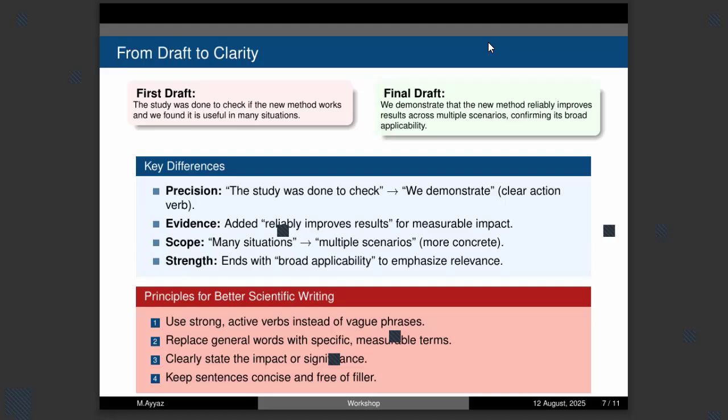We have to use strong active verbs instead of vague phrases and replace general words with specific, measurable terms. We have to clearly state the impact or significance of our study. And we have to keep our sentences concise and free of fillers, because many journals have word limits.